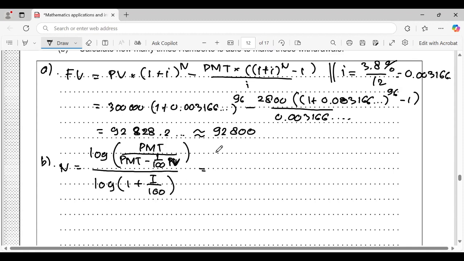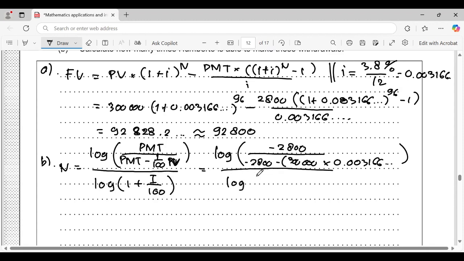And if we substitute the numbers, this is log of minus 2,800 divided by minus 2,800 plus 0.003166 times 300,000, divided by log 1 plus 0.003166.